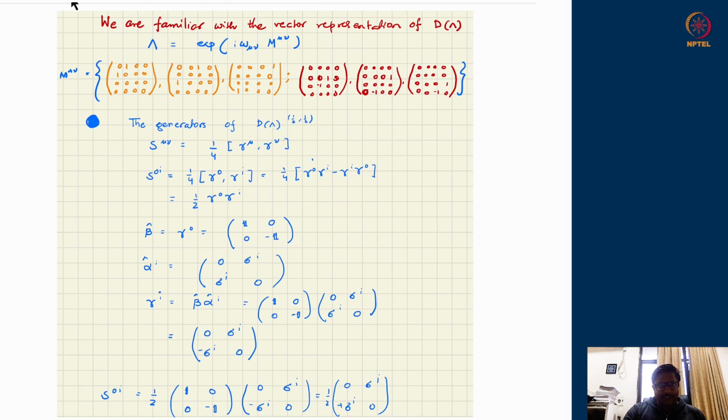Previously we had seen that the spinor representation can be factored into a double copy of the rotation group, written as the spin half representation. So a double copy of the spin half representation is equivalent to the spinorial representation, and therefore I'm calling it the D lambda half representation. This is also a 4x4 matrix, but it acts on a spinor, which has 2 copies of spin half objects, xi1, xi2, xi3, xi4.